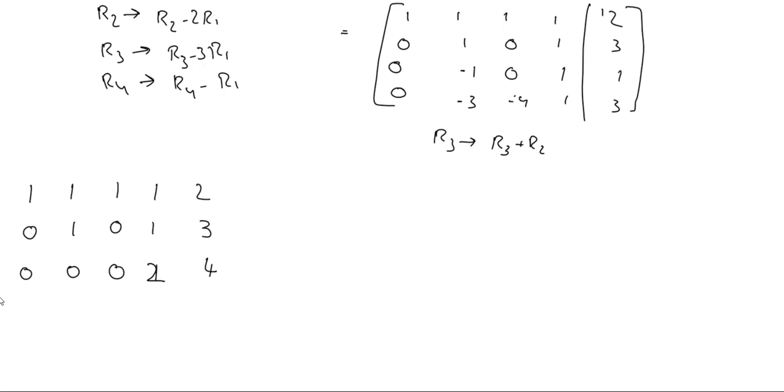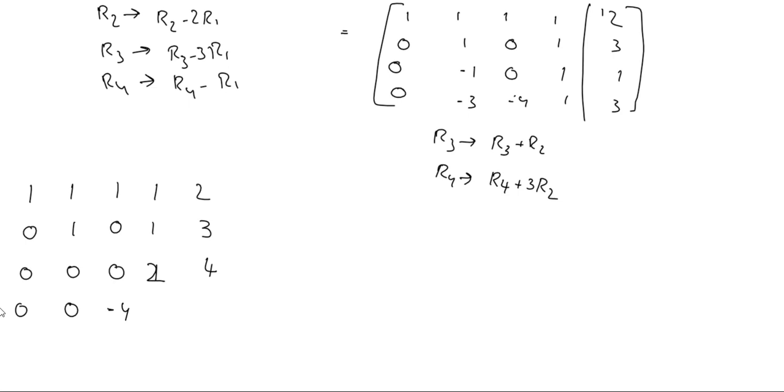And here R4 becomes R4 plus 3R2. So 0, minus 3 plus 3 is 0, and this also becomes 0, and here it will be minus 4, only minus 4 we will get.